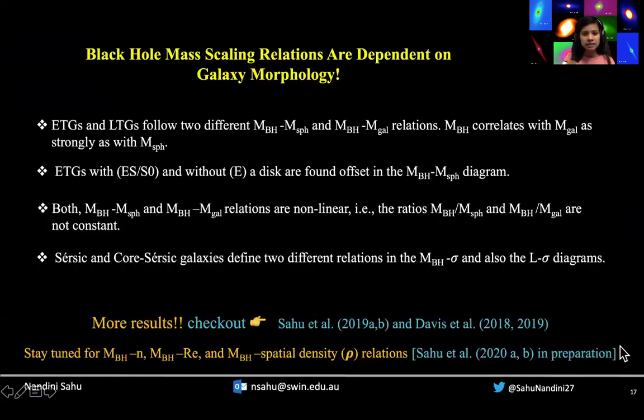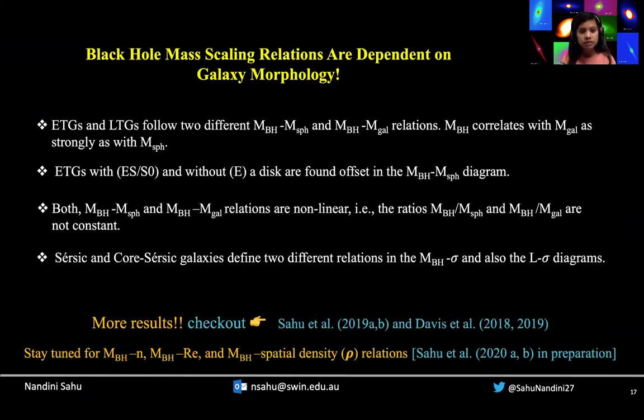This further leads to my conclusion slide that black hole mass scaling relations are indeed dependent on galaxy morphology. So it is very important to take care of galaxy morphology while using these scaling relations.